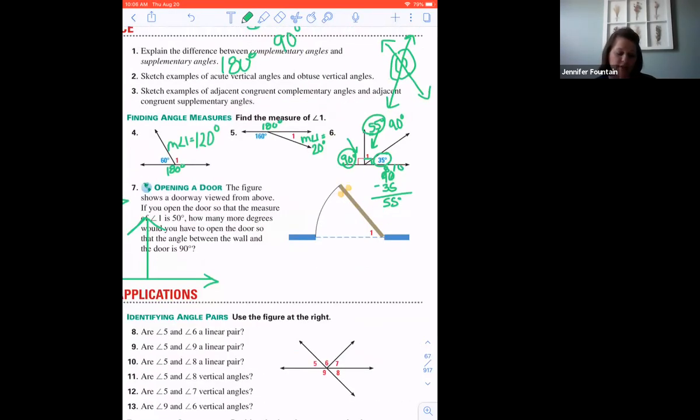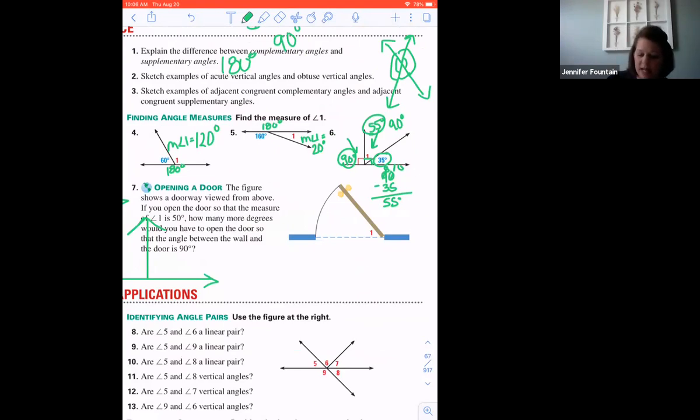Okay, so number 7 says opening the door. The figure shows a doorway viewed from above. If you open the door so that the measure of angle 1 is 50 degrees, how many more degrees would you have to open the door so that the angle between the wall and the door is 90 degrees?